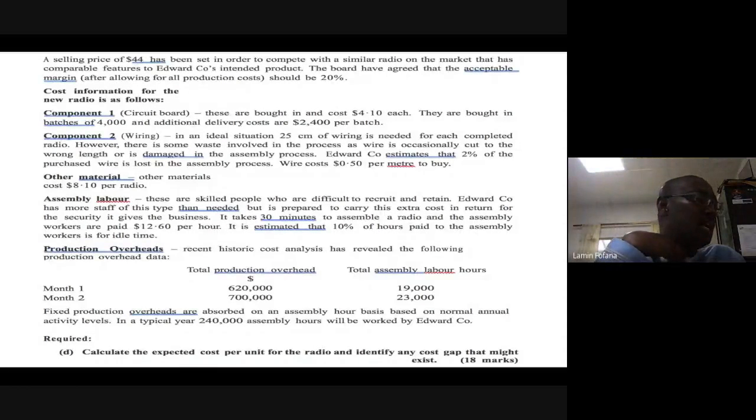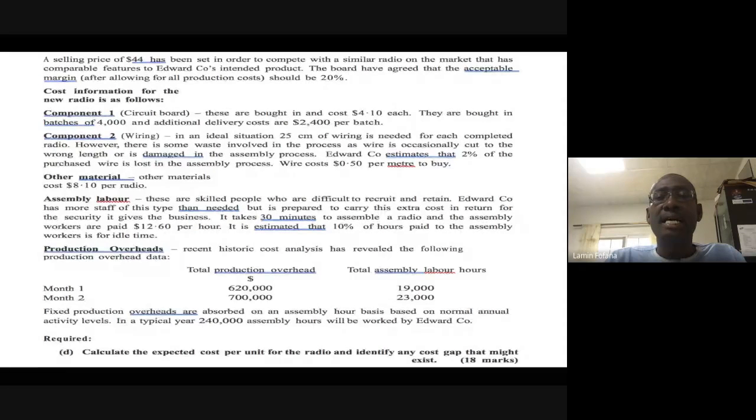So if you take 100 divided by 98 and multiply it by 25 over 100, multiplied by the cost per meter of wire, then you'll get your gross up. If you use 102 divided by 100 multiplied by 25, will it give you the same answer as 100 over 98 times 25?